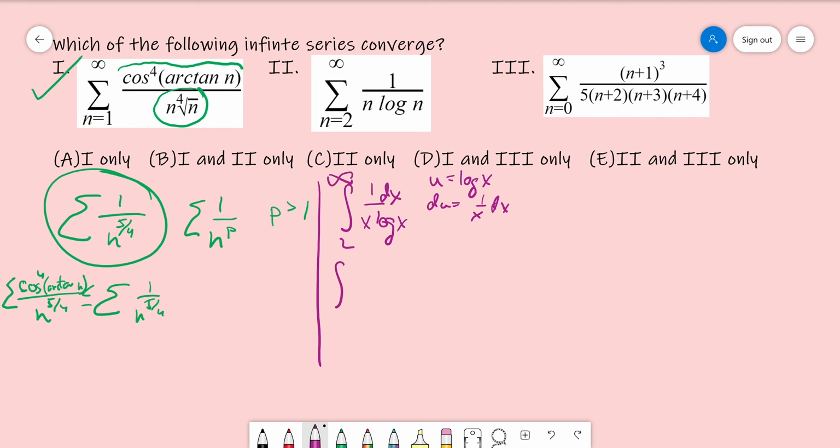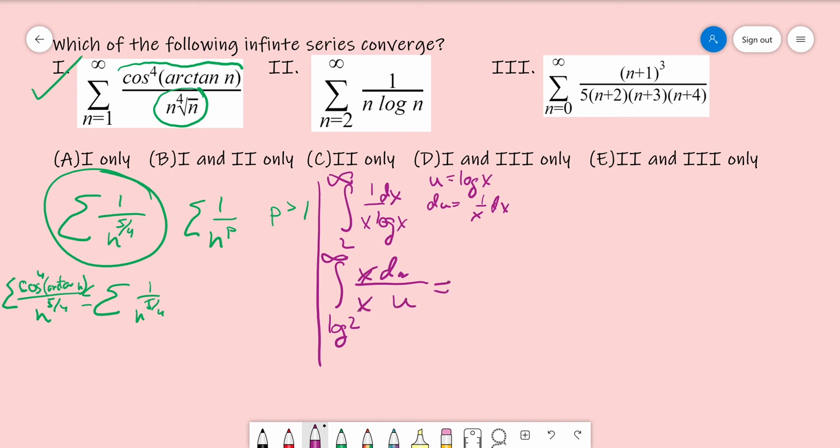Because u is equal to log of x. So we're going to have the integral from log 2 up to the log of infinity, which is just infinity. And then dx is going to be x du, and x log x is going to be x u, and then the x's cancel out.